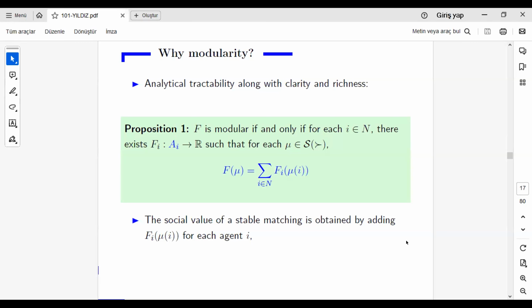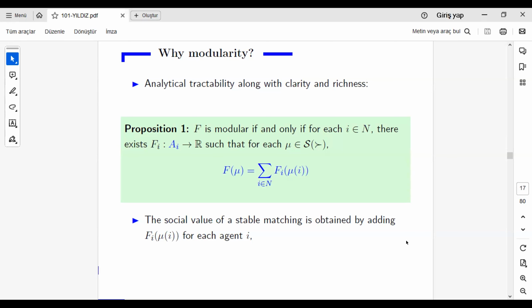It turns out that in the matching story, a function over the set of stable matchings is modular if and only if it's the summation of individual assessment functions, f versus f sub i.